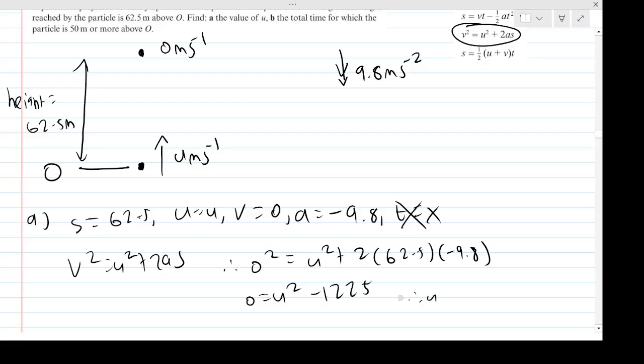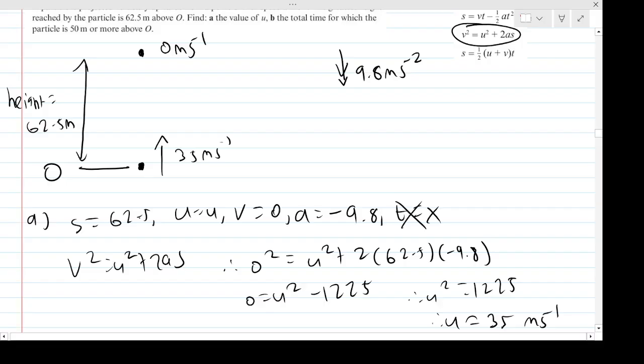So u squared is positive 1225. If we root that, I get 35, and there we are. So I can add that on. That's my starting speed, 35.